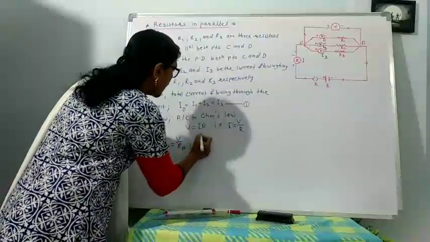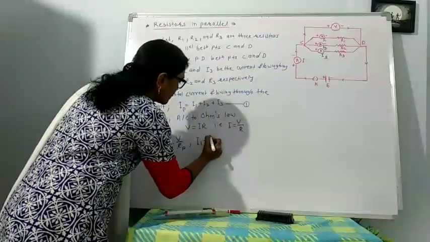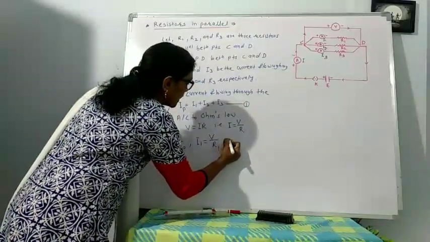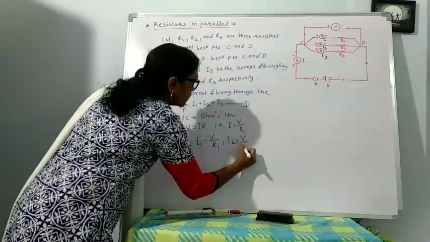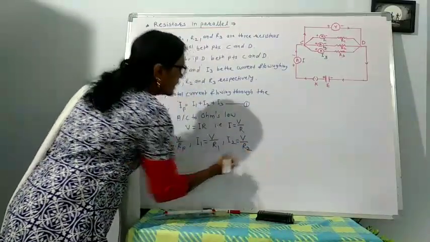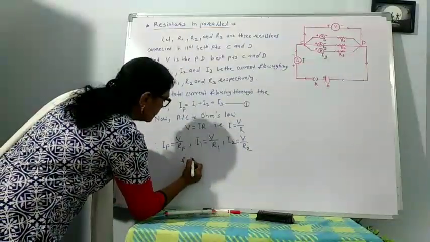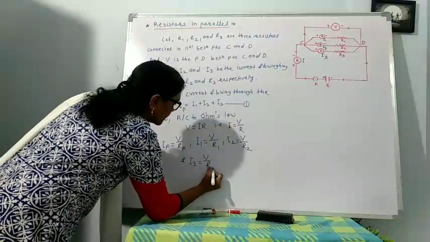Here RP is the effective resistance in parallel arrangement. Similarly, I1 equal to V upon R1, I2 equal to V upon R2 and I3 equal to V upon R3.